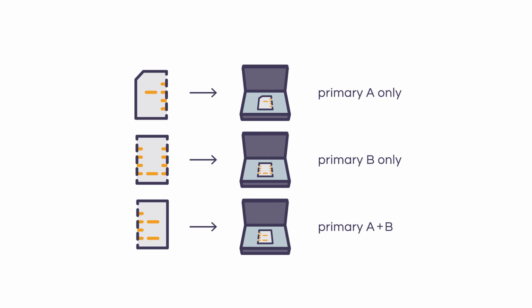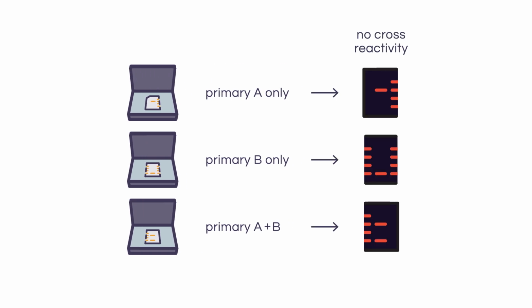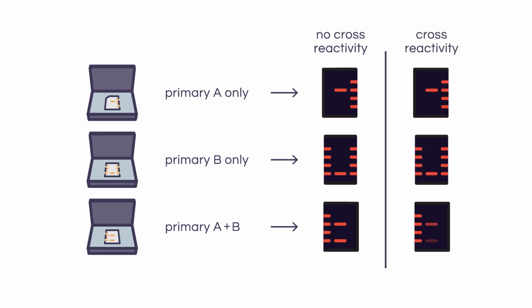Next, incubate one part with primary A only, one part with primary B only, and the last part with A and B together. Following secondary antibody incubation and detection, the resulting bands should have the same signal intensities in all cases, if cross-reactivity is not an issue. If it is, you will need to choose different primary antibodies for multiplexing or optimize your assay conditions.